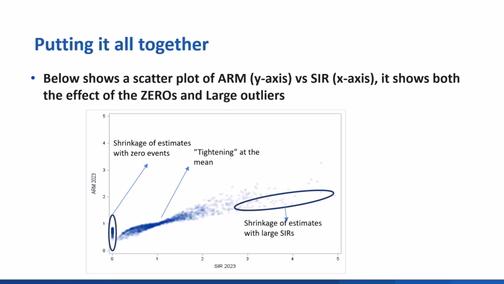So again, this is working on both sides of the plot. And the third point I want to mention, and this is just an interesting tidbit, is the very middle, where I show it as tightening at the mean. It looks like you took your thumb and your index finger and you literally just pinched the curve. There's an interesting thing happening here, because remember that the arm goal is to kind of shrink everyone's estimate towards the middle.